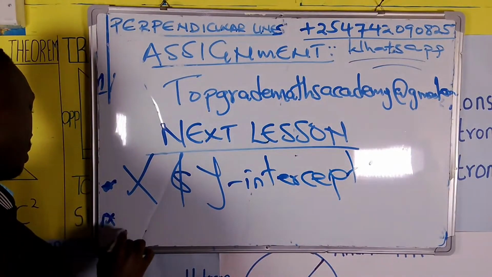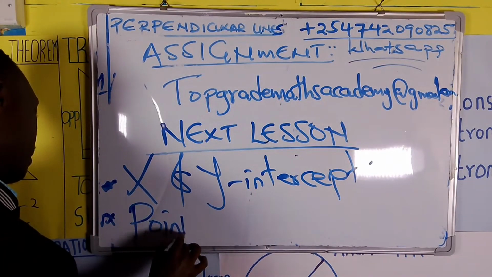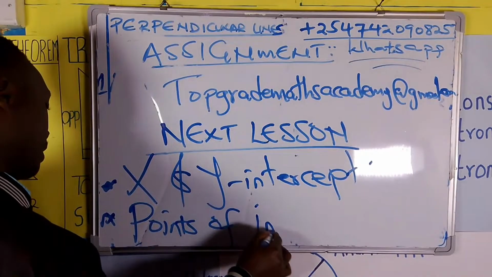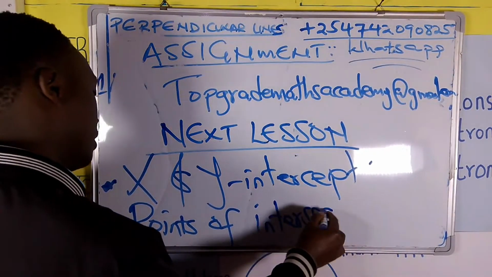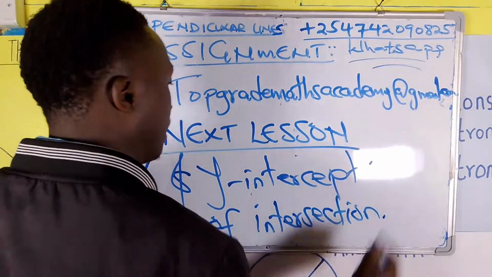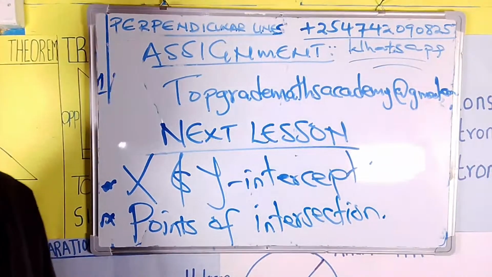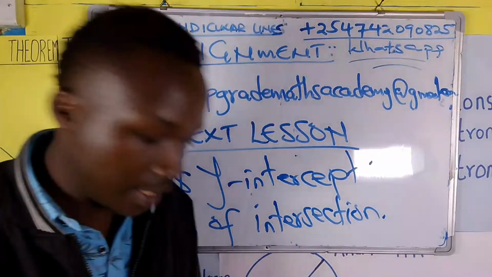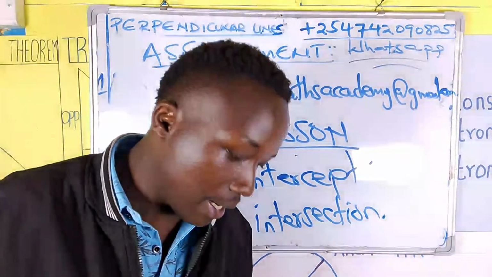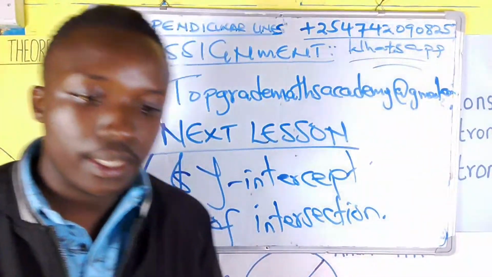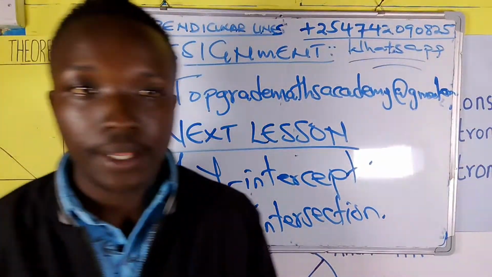And we also mentioned something about the points of intersection. And that will mark the end of the topic, equation of straight lines.